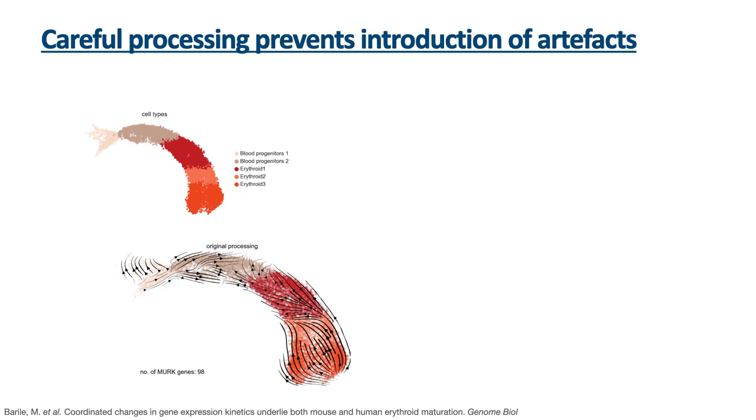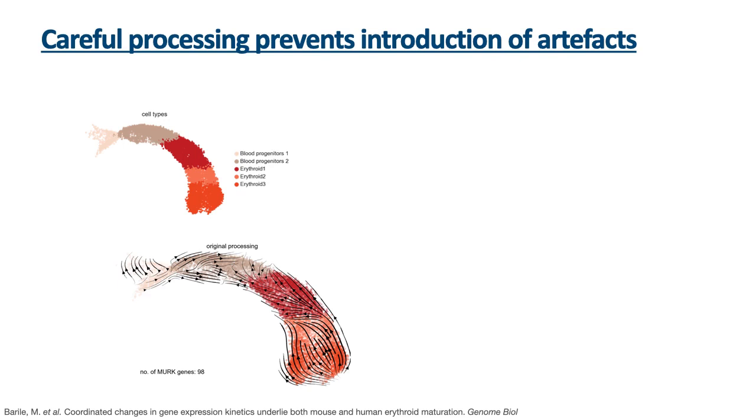Lastly, I would like to show an example that illustrates the importance of careful processing to prevent the introduction of artifacts. This is a dataset of erythroid maturation, and it was studied by Baril et al. And they found, when running RNA-velocity analysis, that the arrows were predicted to go in the wrong way.